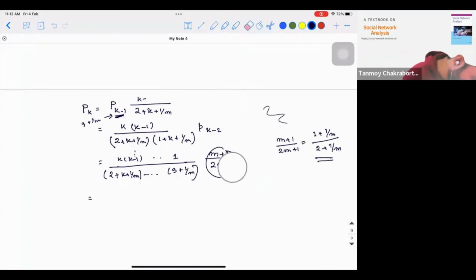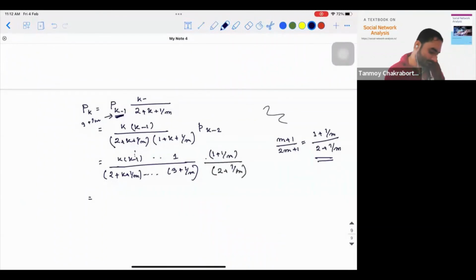So I'm replacing this by 1 by 1 plus 1 by m by 2 plus 1 by m. Okay, so let us keep this part separate.